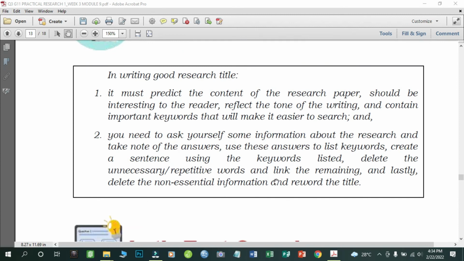And number 2, you need to ask yourself about some information about the research and take note of the answers. Use these answers to list keywords. Create a sentence using the keywords listed. Delete the unnecessary repetitive words and link the remaining. And lastly, delete the non-essential information and reword the title. Make sure it only contains a maximum of 14 words.